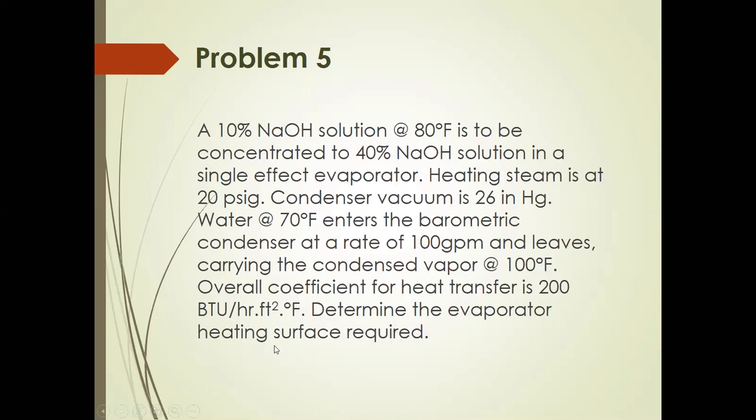This is different from the sample problems we have processed because this time it is requiring you the area. This time you will use the formula Q equals U A delta T, together with the Q that is determined using the S lambda S.